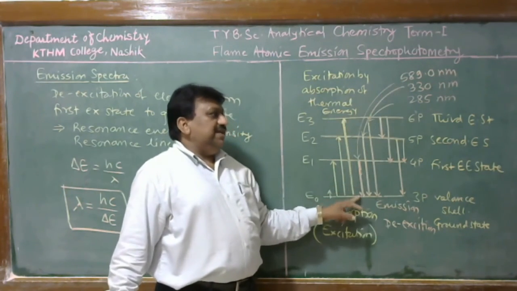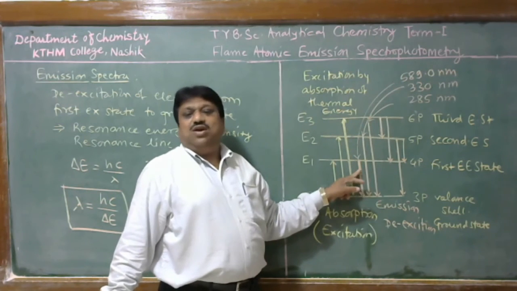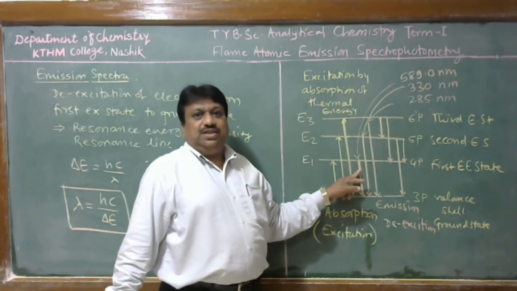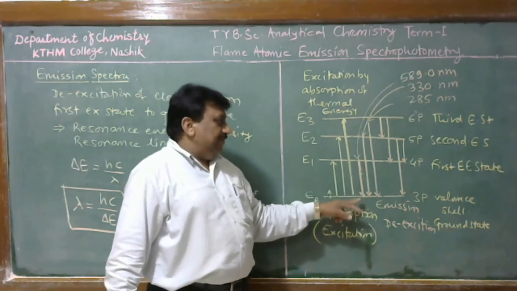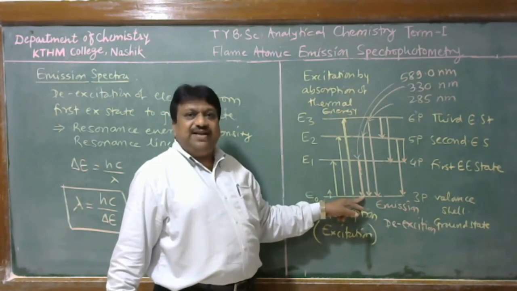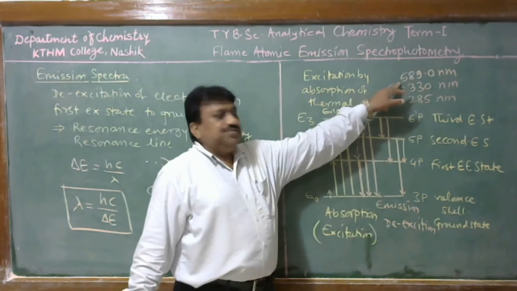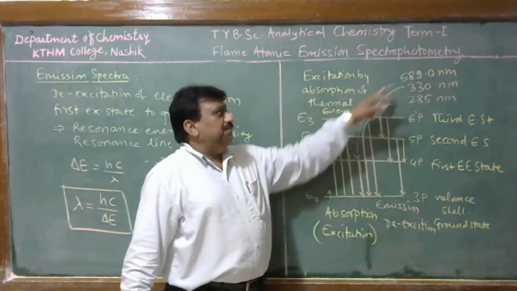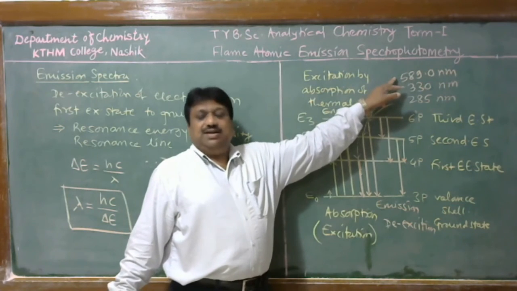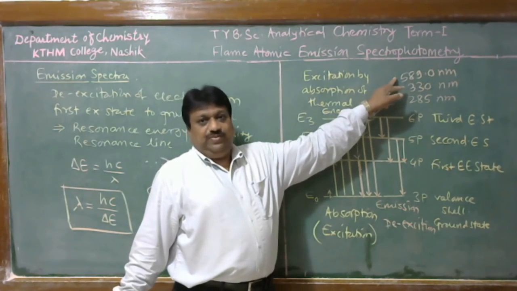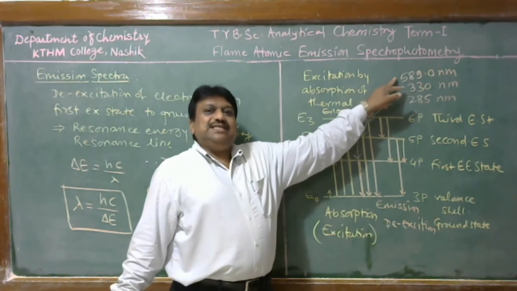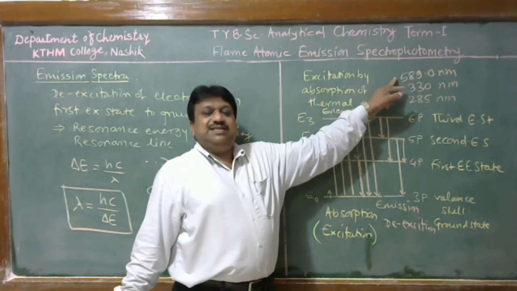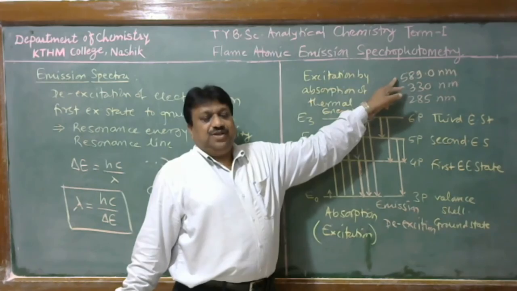Therefore, the resonance line is utilized for the identification and estimation of a particular atomic species. Sodium is identified by the wavelength 589 nanometer, and it is estimated by measuring its radiant power at 589 nanometer. This is the basic principle of emission spectroscopy on the basis of emission spectra.